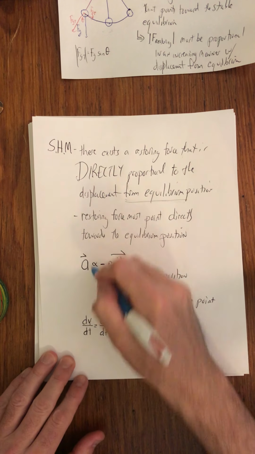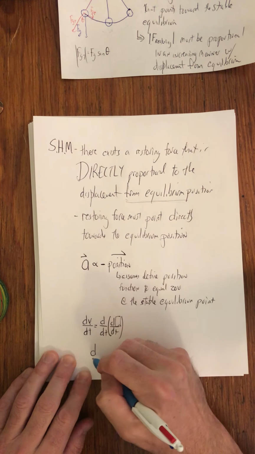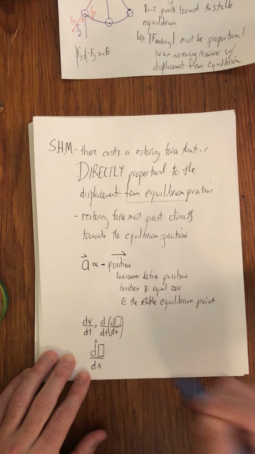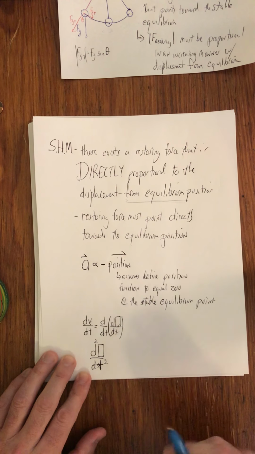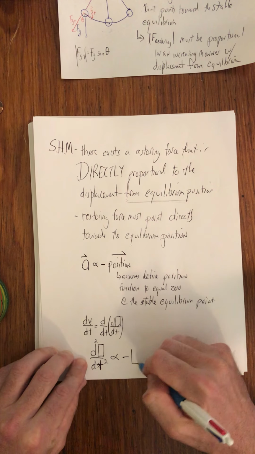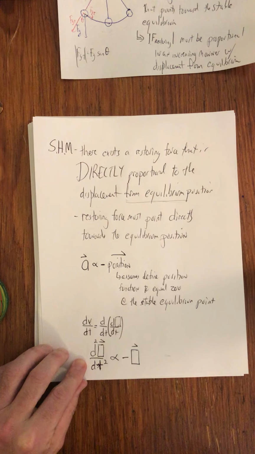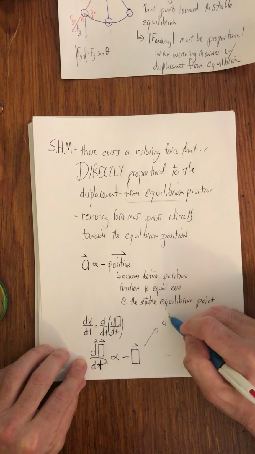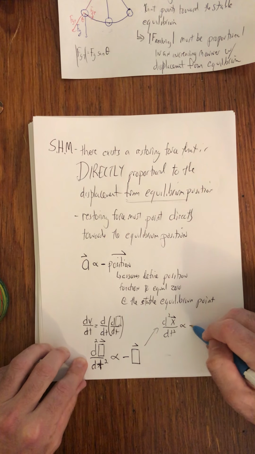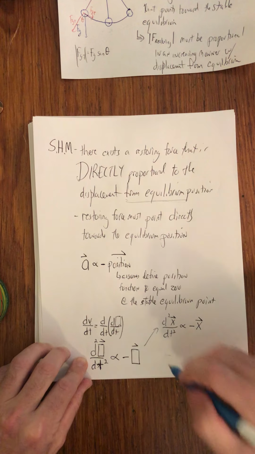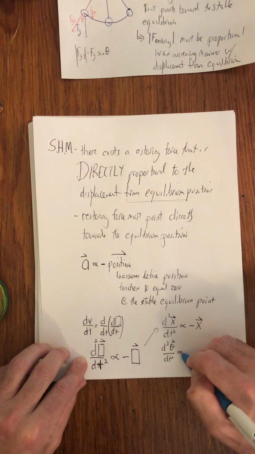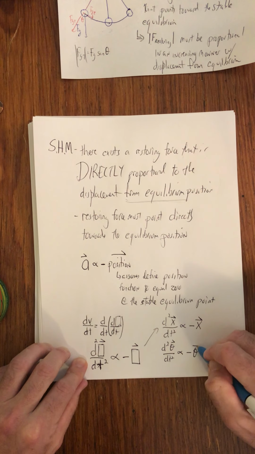So really what this has got to be is that the second derivative with respect to time of some position function has to be directly proportional to the negative of that same position function. So if this is an x, that's d squared x vector dt squared has to be directly proportional to negative x vector. If that's theta, then d squared theta vector dt squared is directly proportional to negative theta.